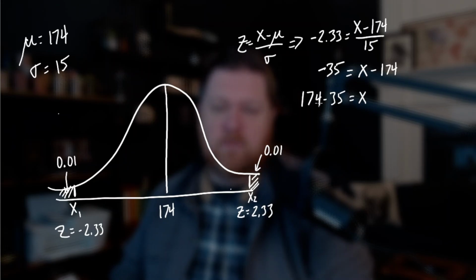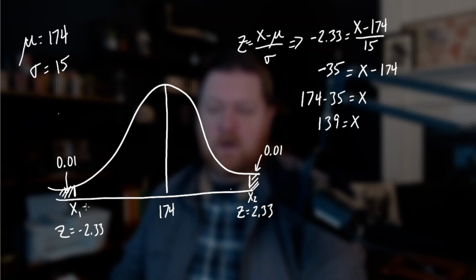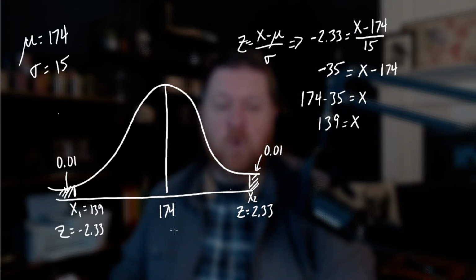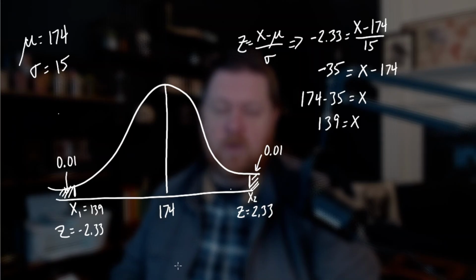Picture this as being 175. 175 minus 35 would be 140, but it's going to be one less than that because I added one, so this is going to be 139. So our x down here is equal to 139. The lowest 1% of people, of the 18 to 24-year-olds, I think it said, watch about 139 minutes per month of content.